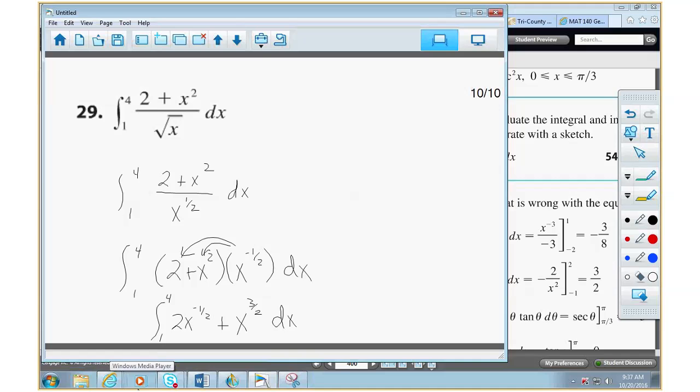Now you might want to write everything out because you've got fractions. So 2 brackets, and what's the antiderivative of x to the negative 1/2?